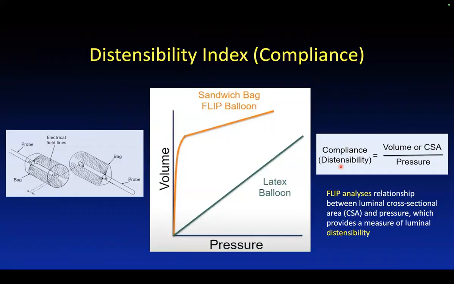So compliance or distensibility is volume upon pressure. Okay, so how much volume was used, or how much cross-sectional area has been achieved upon the pressure. So FLIP actually analyzes the relationship between luminal cross-sectional area and pressure, which provides a measure of distensibility of the esophagus. Right? Simple? Okay.